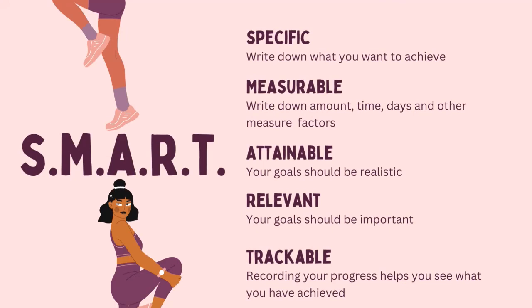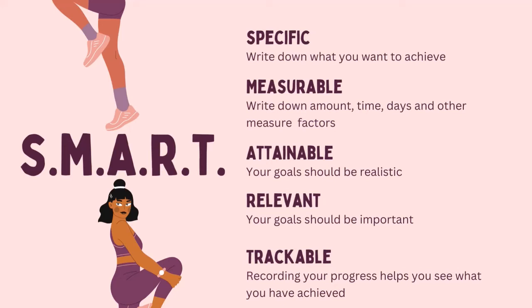Specific is the where and how of the goal. Measurable is how you will evaluate whether or not you meet the goal. Attainable or achievable is setting a goal you can accomplish. Relevant or realistic is setting a goal that is challenging but attainable.